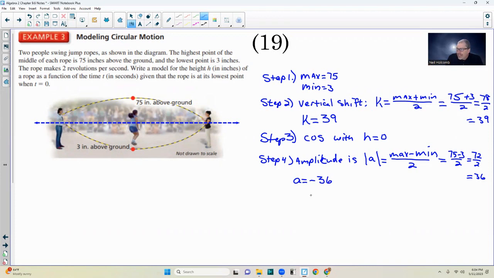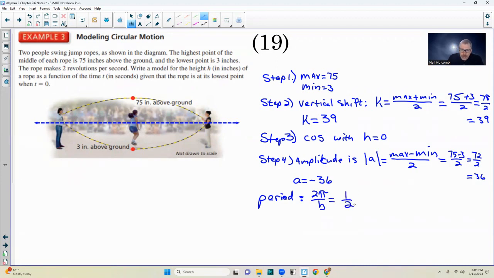Because the rope is rotating at a rate of 2 revolutions per second, 1 revolution is completed in a half a second. So the period, which is 2 pi over b, equals a half or 0.5.